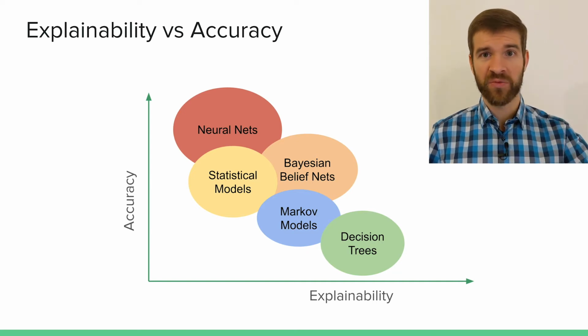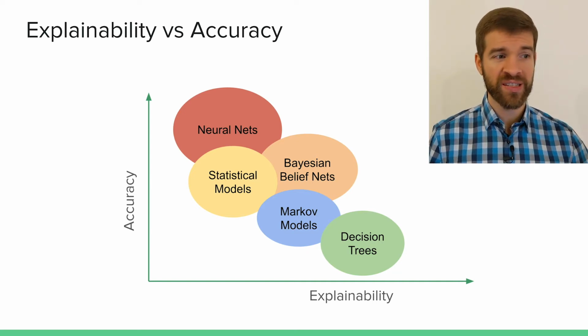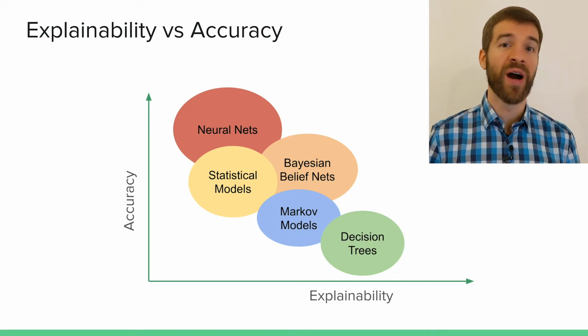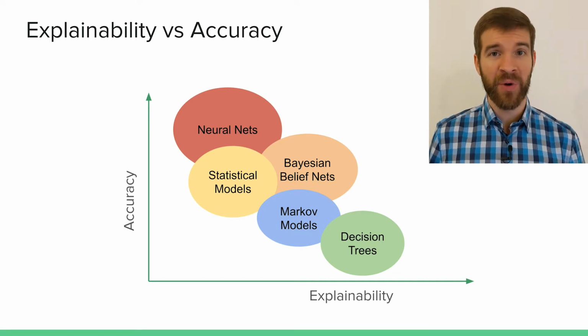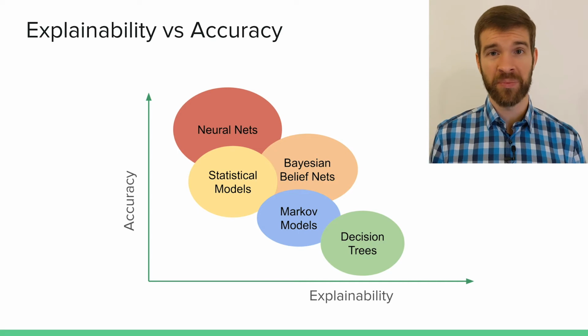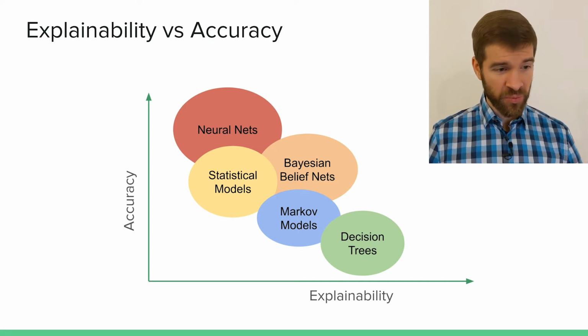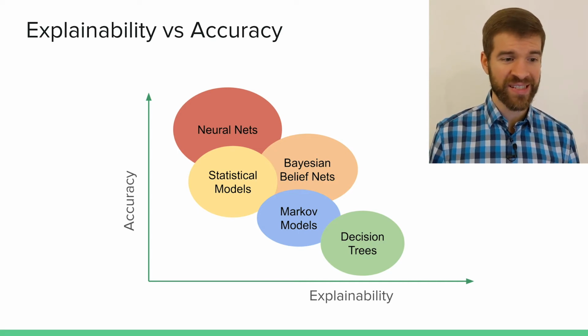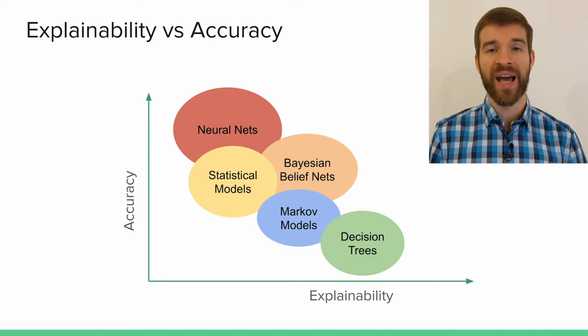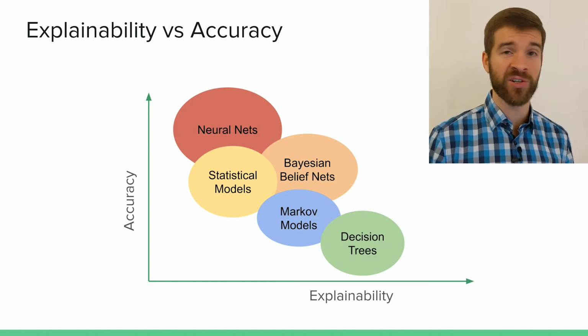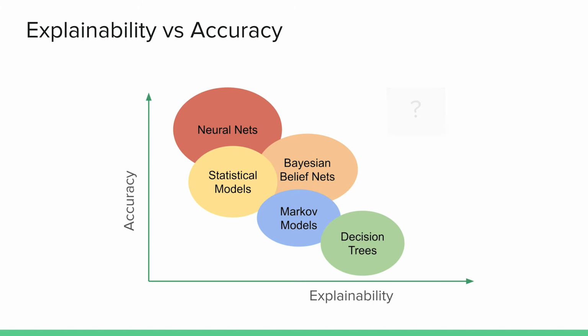We can move towards this space of having more accurate models, but we're sacrificing the explainability along the way. The community agrees that there is this negative correlation between explainability and accuracy. So the holy grail would be to find models from that area where we are explainable and highly accurate.